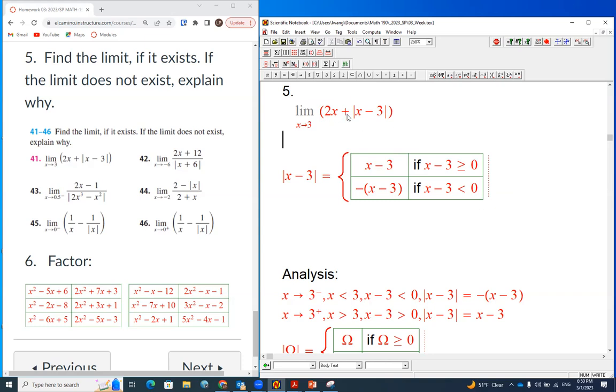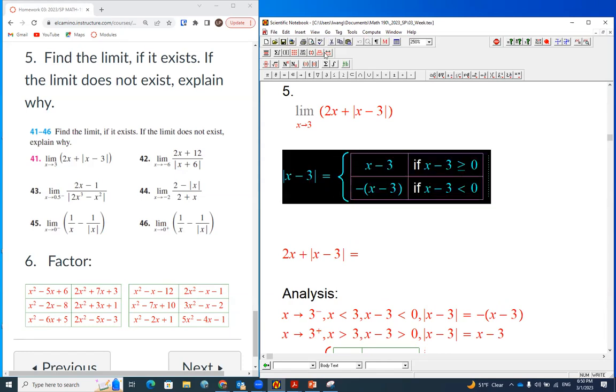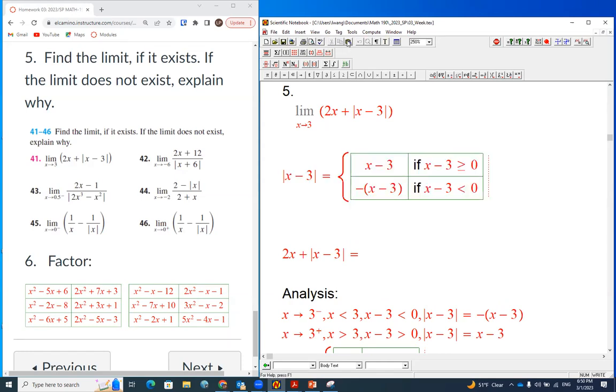So 2x plus the absolute value of x minus 3 can be branched into the following cases, according to that. And of course, you can solve this inequality. I'm going to write another one just to simplify it.